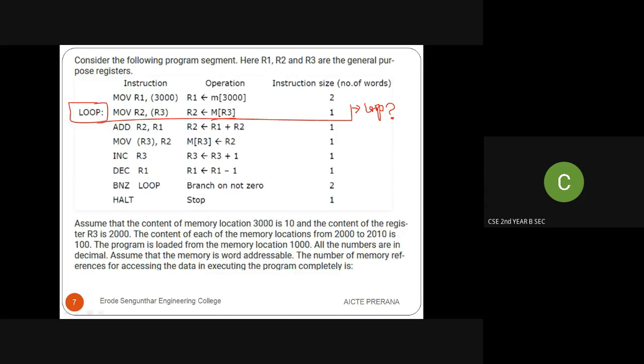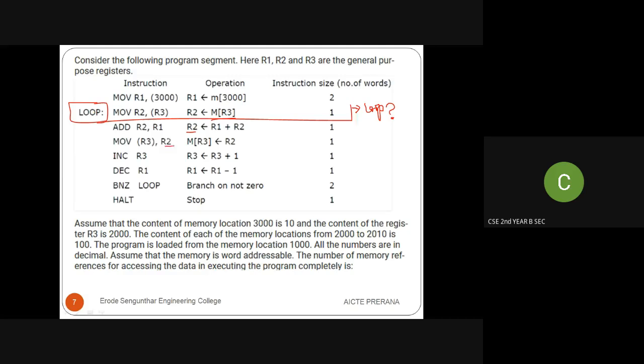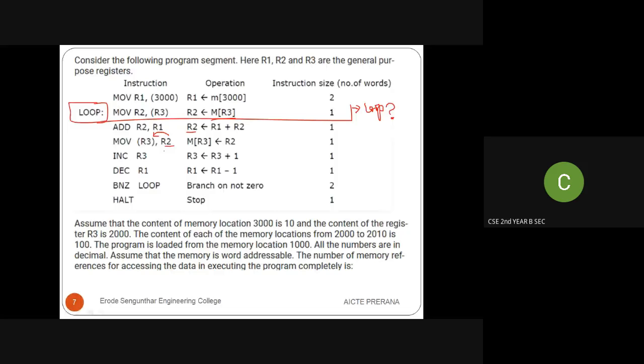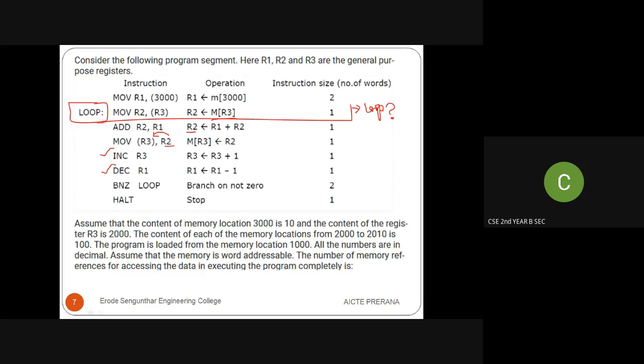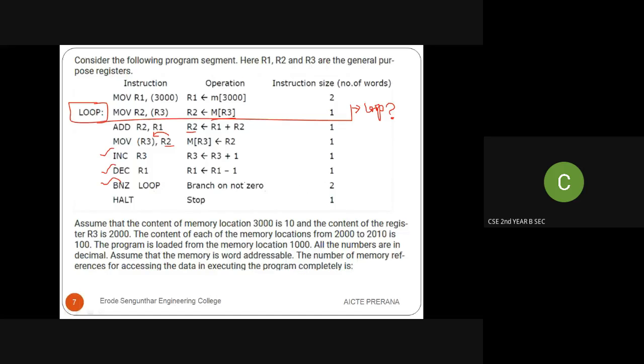These are all simple. We are adding the content of R1 and R2 and placing the result in R2. Next, moving the R2 value to the content of R3. Next we are incrementing R3 and decrementing R1, and when the branch is not 0, then the loop will be there. Okay, so that is what they have given.